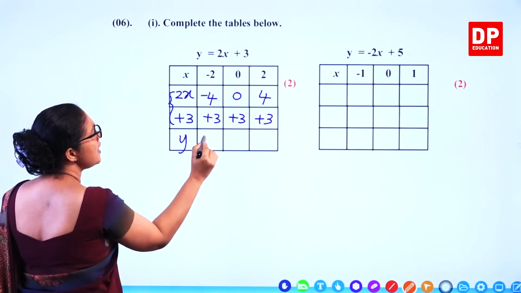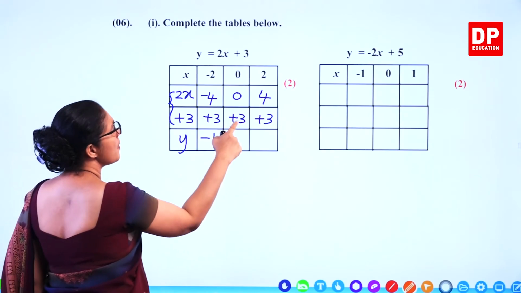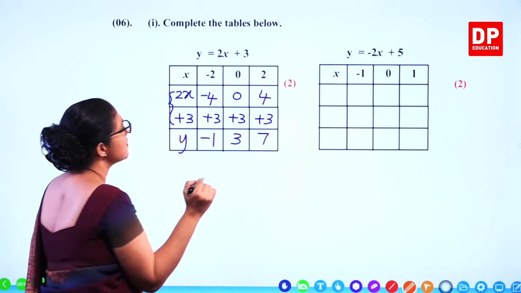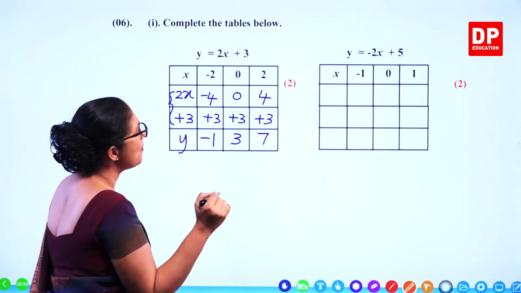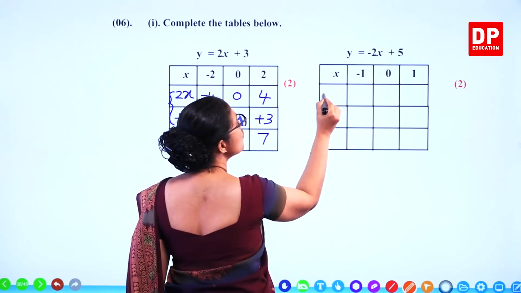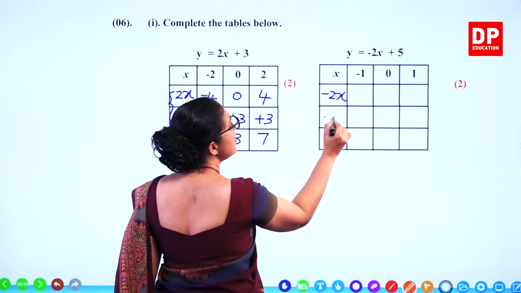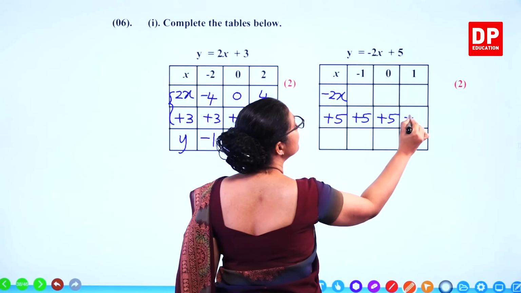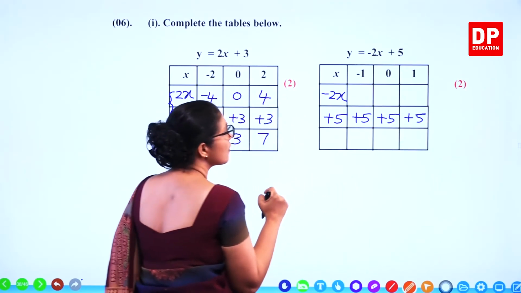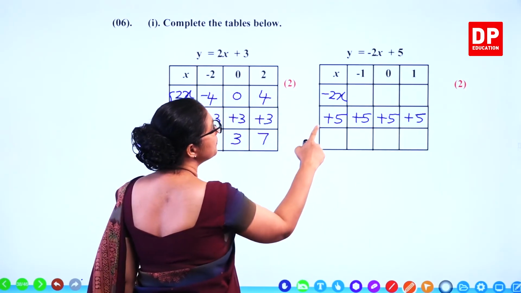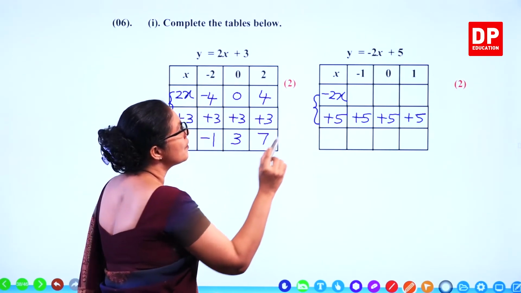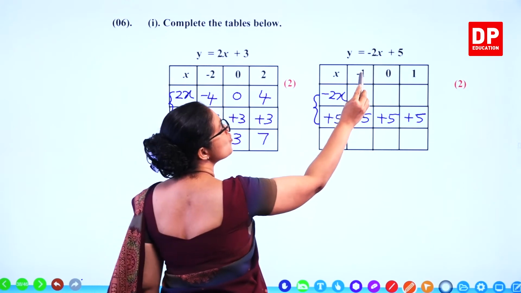Minus 4 plus 3, minus 1. 0 plus 3, that's 3. 4 plus 3, that's 7. The other table, you need minus 2x and addition of 5 to get the y value. So what is y? Add these two. So you can multiply by minus 2 first.